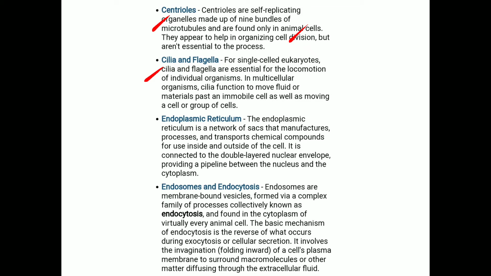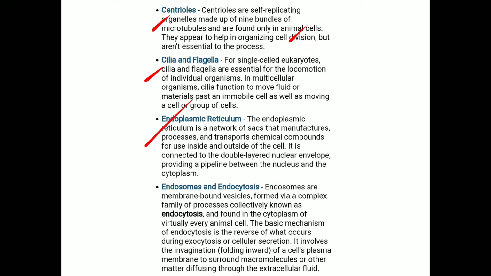Here two functions are there. In single celled eukaryotes, cilia and flagella are useful for locomotion. But in multicellular organisms, the cilia are involved in moving internal fluid. The fluid can move with the help of the cilia and flagella. Why? Because there is no circulatory system in lower animals.